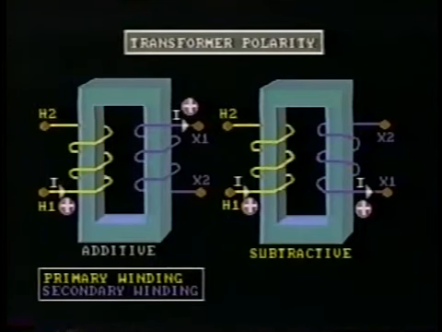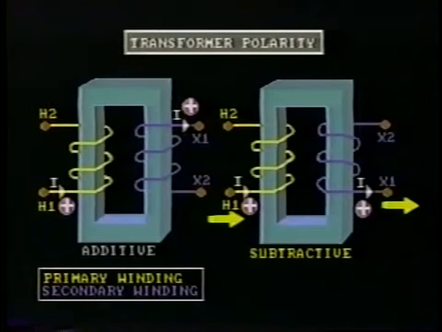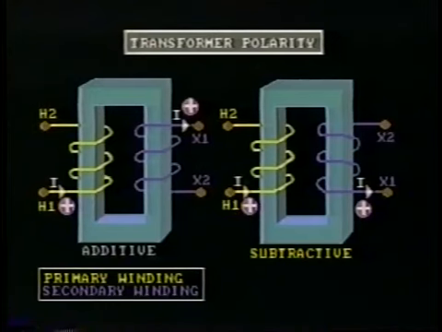The transformer is said to have subtractive polarity. Here, the secondary current flows out at the same end as the primary is entering, and the terminals are marked accordingly. In instrument transformers, the windings are almost always opposing, that is, subtractive.